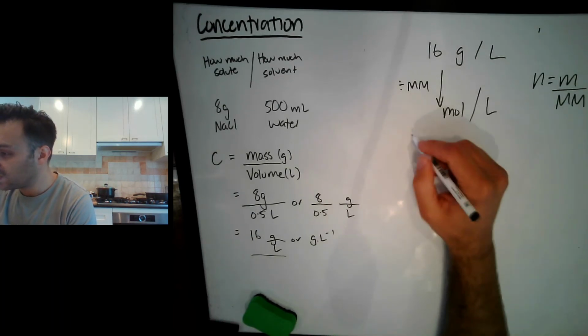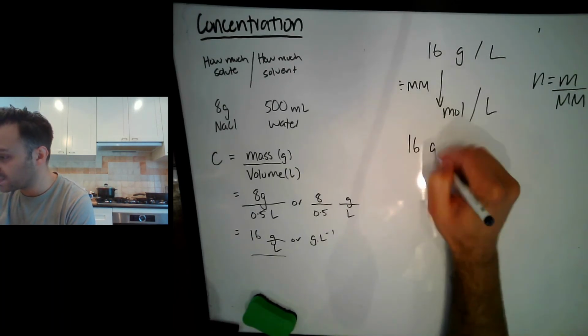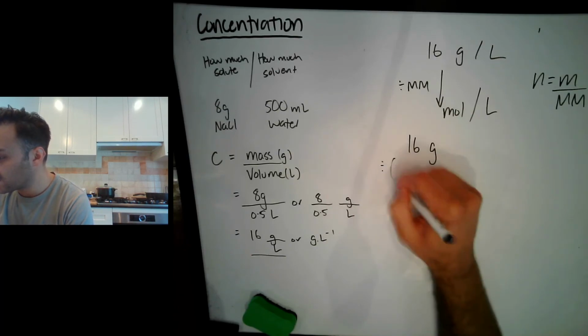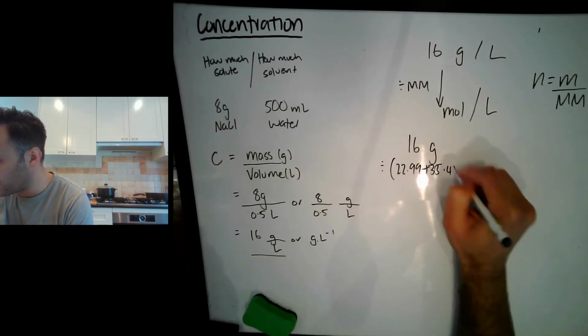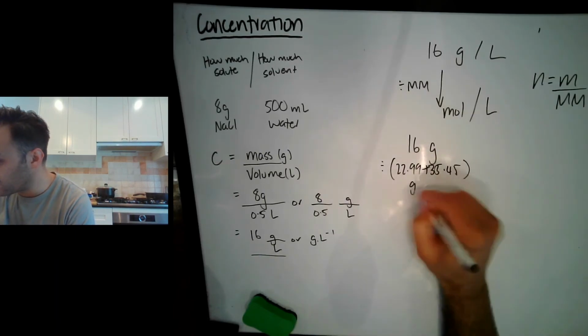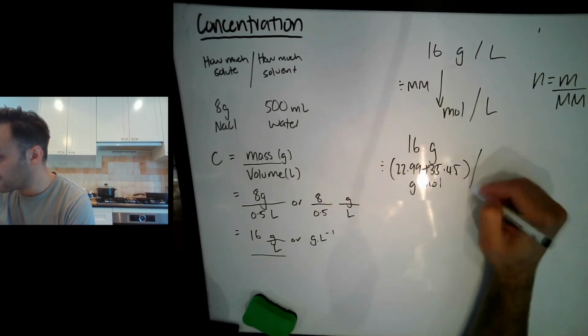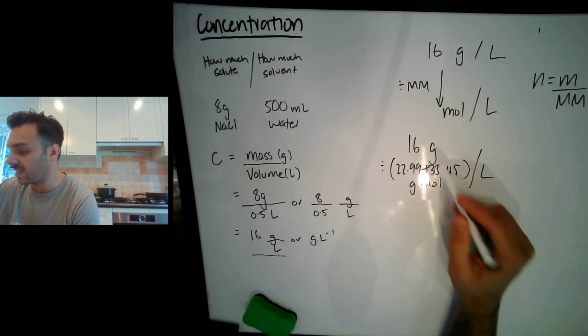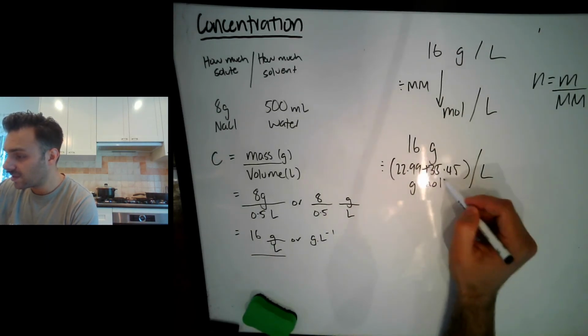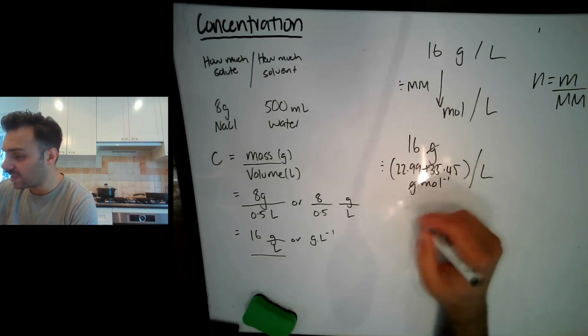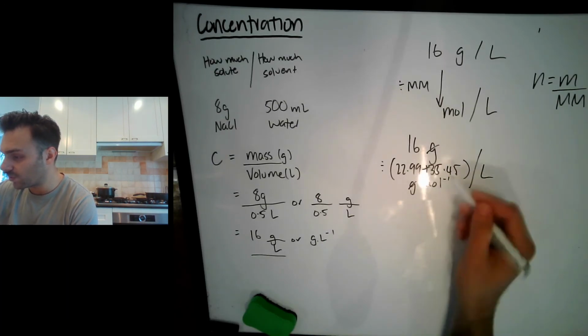Once again, you end up with 16 grams divided by 22.99 plus 35.45 grams per mole, right? And then you're dividing litres by litres on the other side anyway. So grams divided by grams cancels. Okay, you end up with dividing by inverse moles, you get moles.